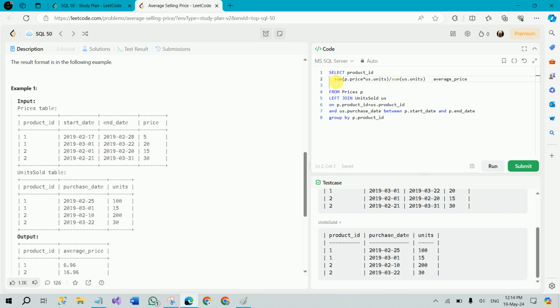We can do something like cast this as float, and then make sure that we get the result in 2 decimal places, so we are going to apply the round function on both. We need to give the product prices reference on the product column as well.